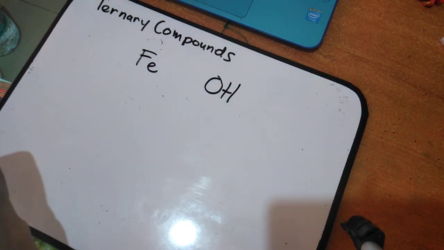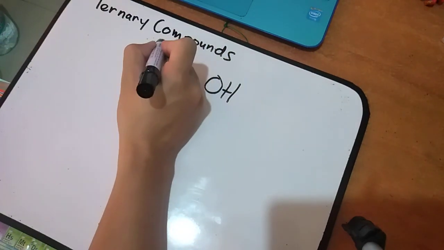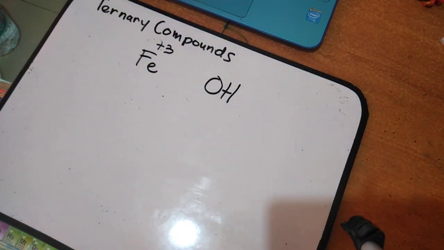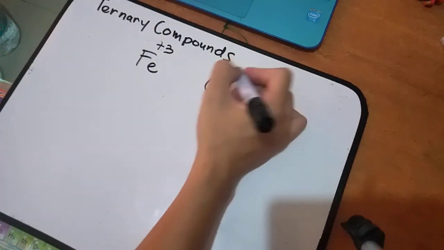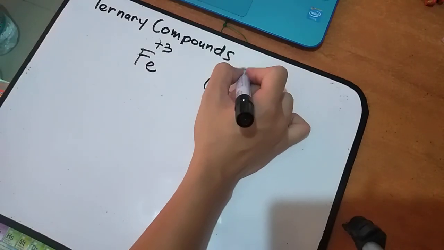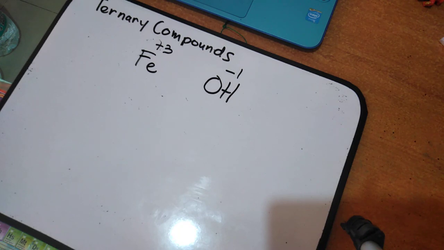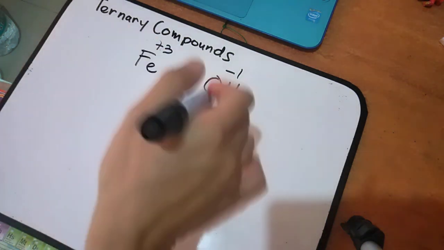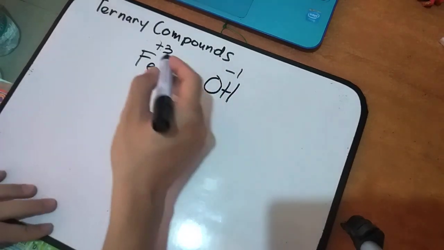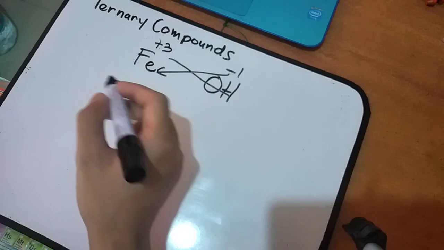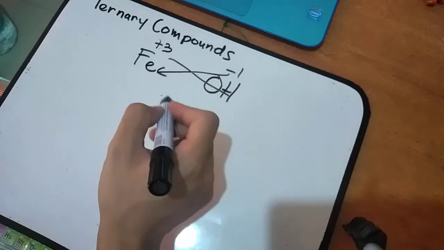Since iron has 2 charges, I like to use positive 3, while OH has a value of negative 1. Okay? So, same rule. Crisscross the charges. Okay? So, that's how to do it.